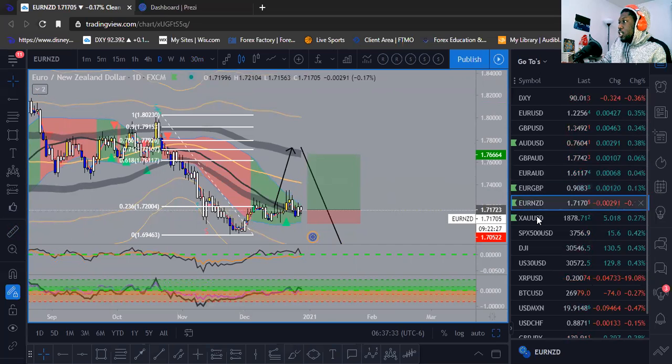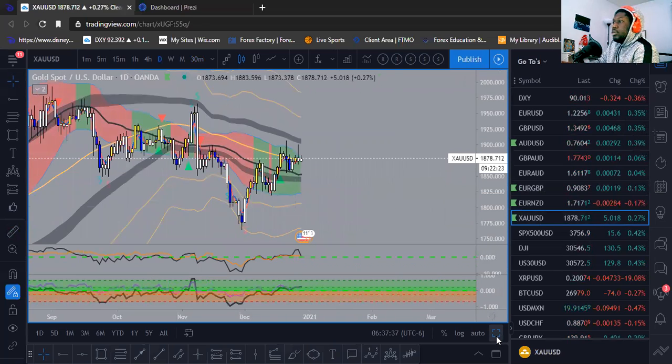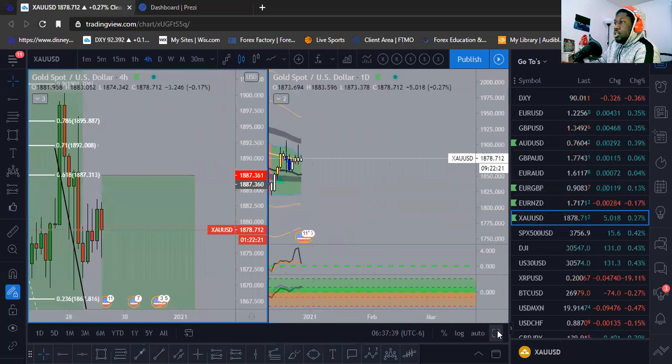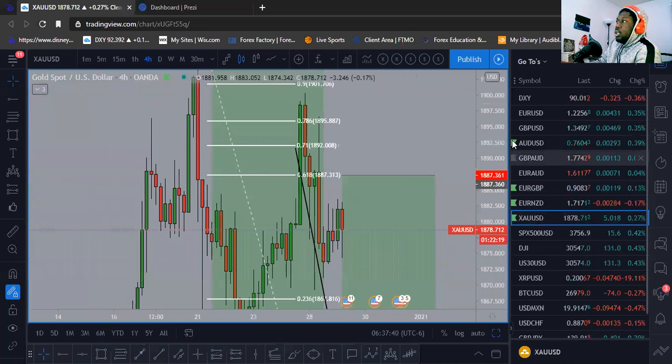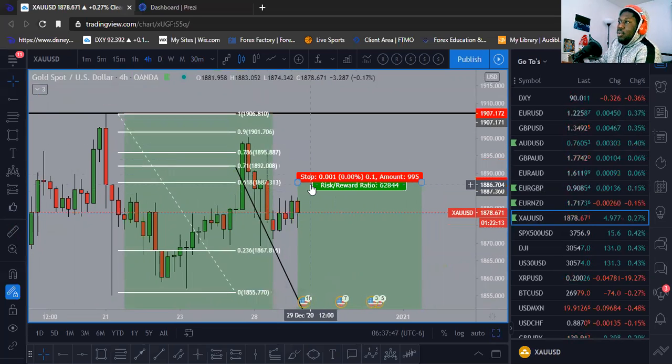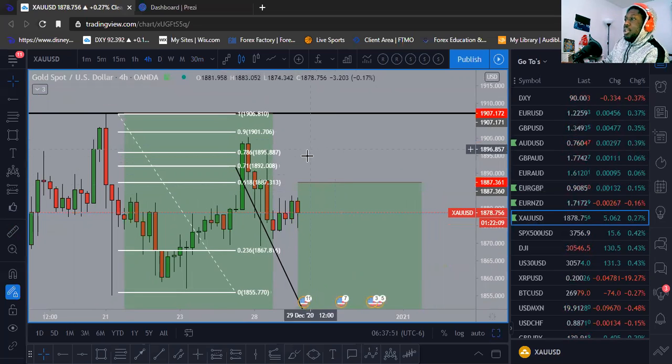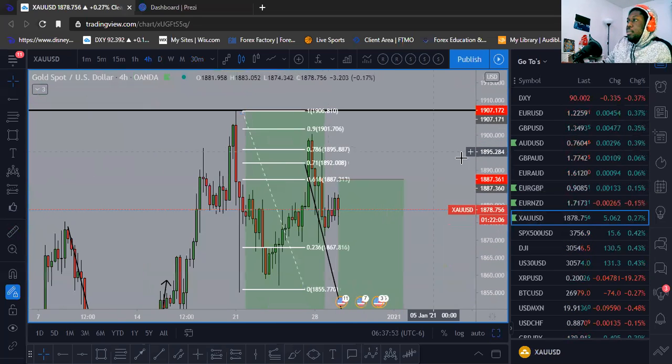I have this alert set. Mr. Gold. So this trade, I don't know when I said that this got its stop loss at break even. I'm tripping. This trade did not get its stop loss hit at break even.